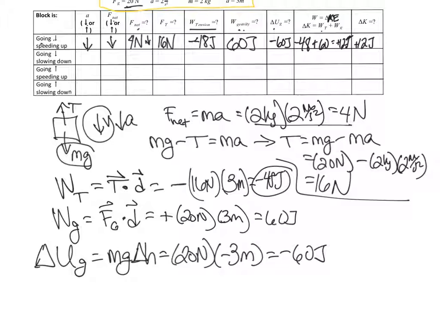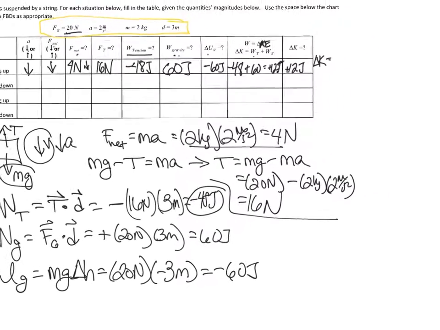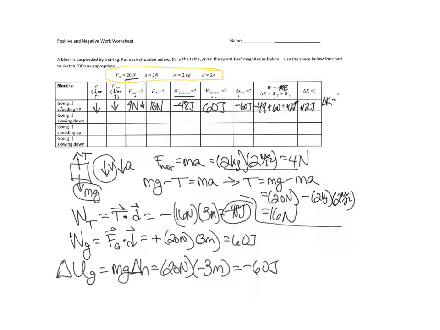Now what's really cute, if you think about what delta K is: delta K is one half m times Vf squared minus V naught squared. If you remember from your kinematic equations, Vf squared minus V naught squared, like your third kinematic equation, is basically 2AD.